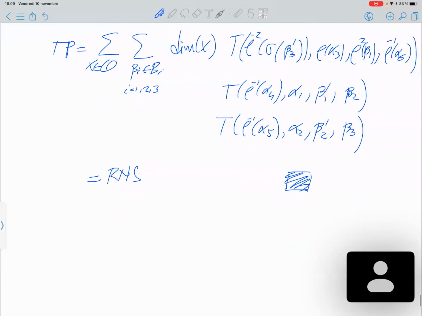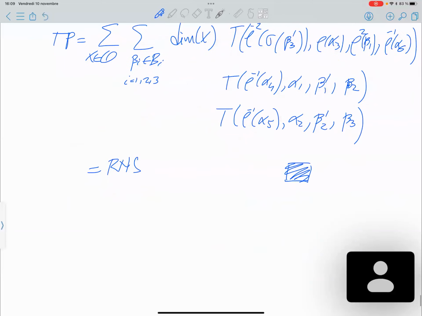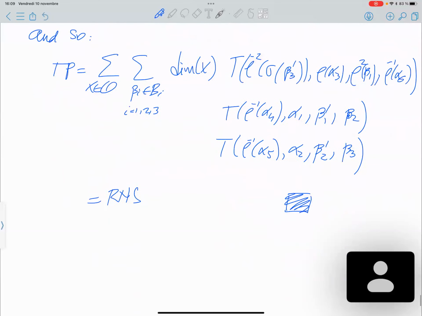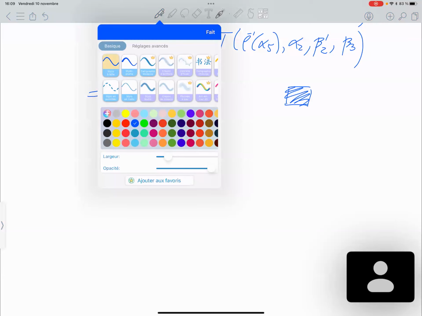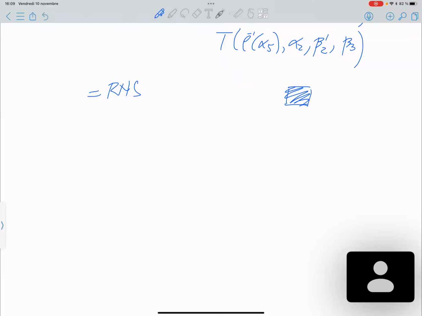Okay, so we finish the proof of the triangular prism equation, left and right hand side. Now we will start a new section.